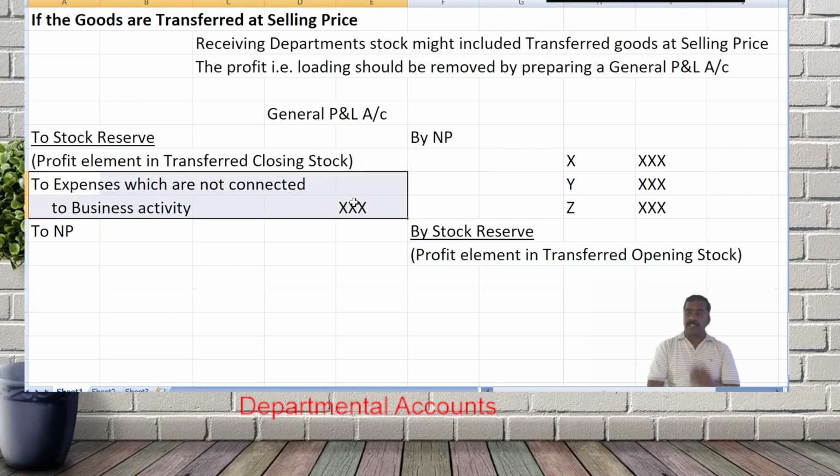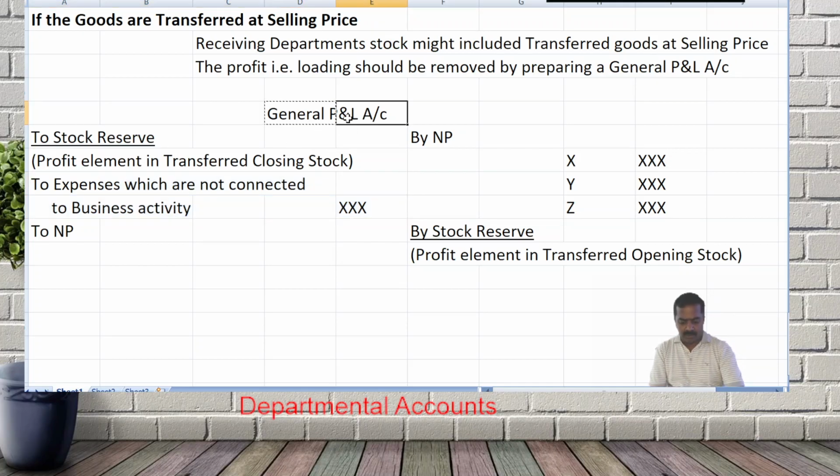What do you mean by expenses not connected to business activity? Directors' fees, legal charges, audit fees, or sometimes, for example, some tax due that you didn't pay on time, and some penalty was paid. Is it connected to our business operation?